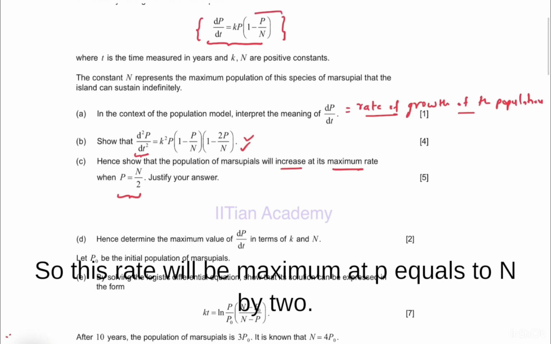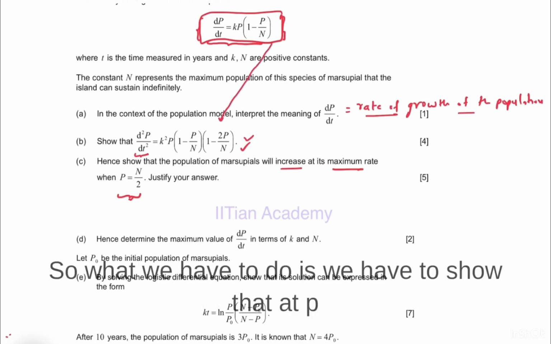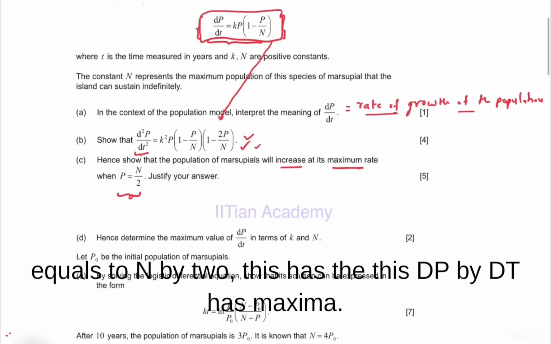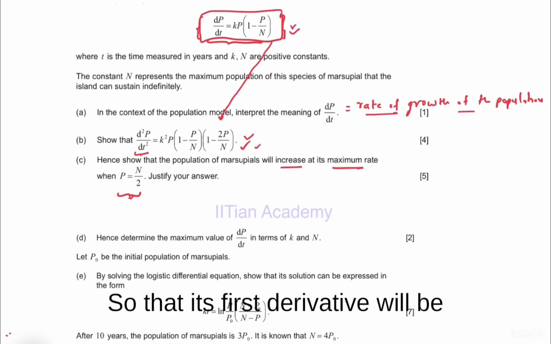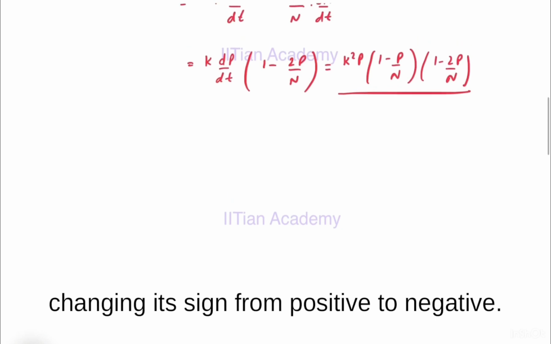So this rate will be maximum at P equals N by 2. So we have already differentiated this once. What we have to do is show that at P equals N by 2, this dP by dt has a maximum, so that its first derivative will be changing its sign from positive to negative.